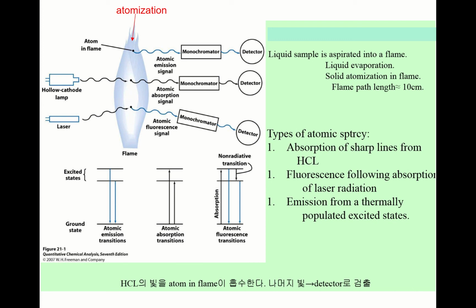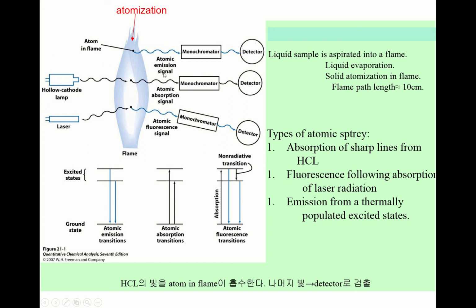And then naturally those electrons in excited electron states transition to the ground state or lower energy states, and it emits characteristic light, characteristic electromagnetic radiation whose wavelength is well defined and very sharp. That is called atomic emission.